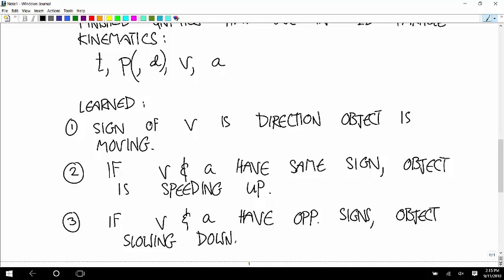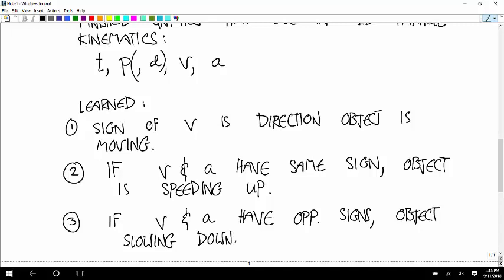What's happening if the object has zero velocity and either positive or negative acceleration? Is it speeding up or slowing down, or neither? Well, if the velocity is zero, it's stopped. So all it can do if it's stopped is speed up.